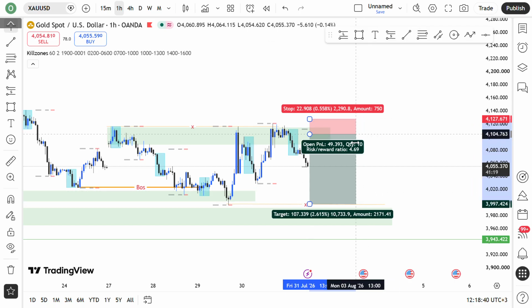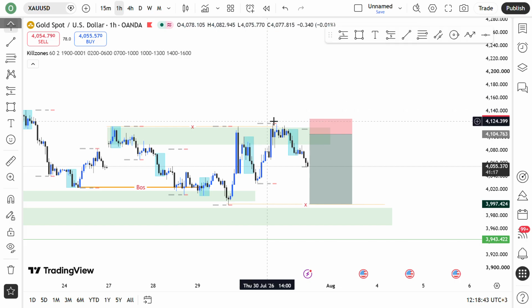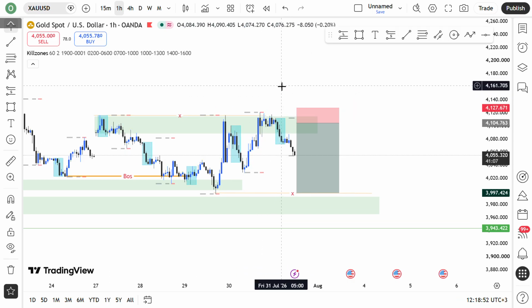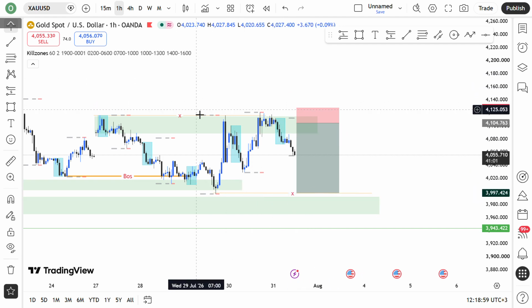So right now I'm not expecting price to trade this high, because price has swept out all liquidities that were lying on this area. So what I'm expecting price to do is to target these liquidities, the next liquidity after sweeping out this liquidity.